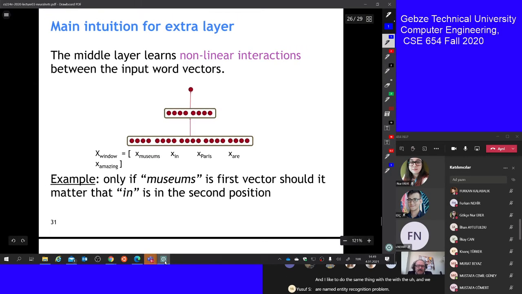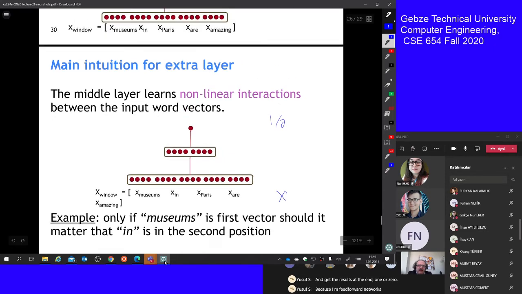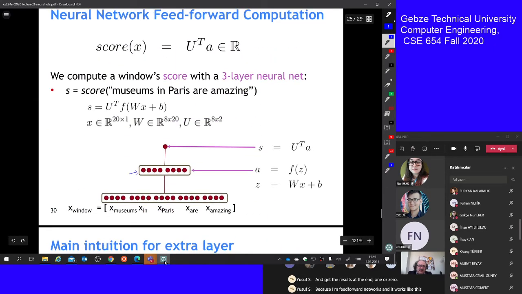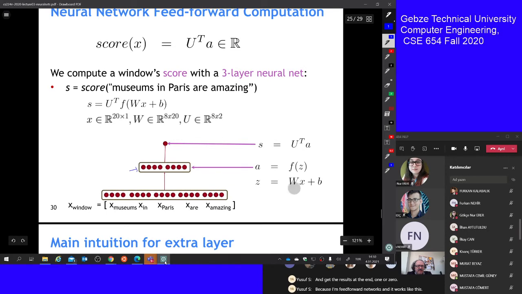Okay, so good. Feed forward means that you put your input in here and get the results at the end, 1 or 0. We call them feed forward networks, and it works like this. You get your input, multiply it with this weight, add b's, and get z. Put your z in your f sigmoid function, get a's, and multiply the a's with this weight vector, and you will get s.